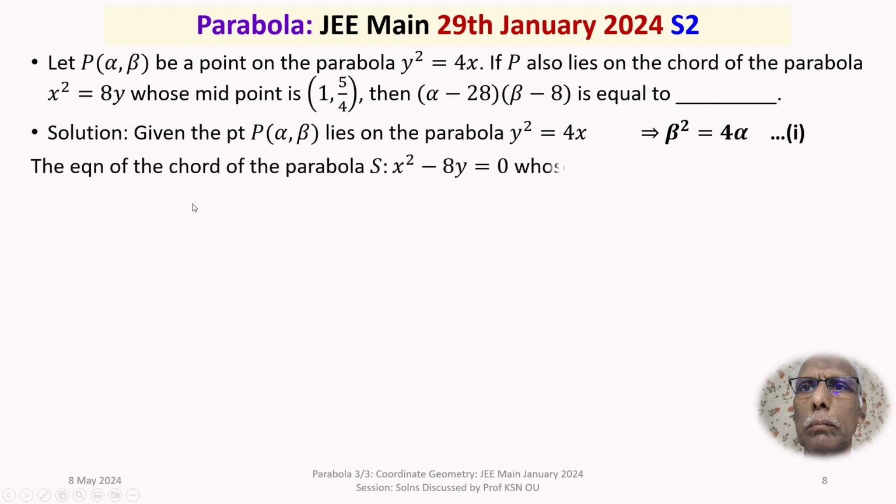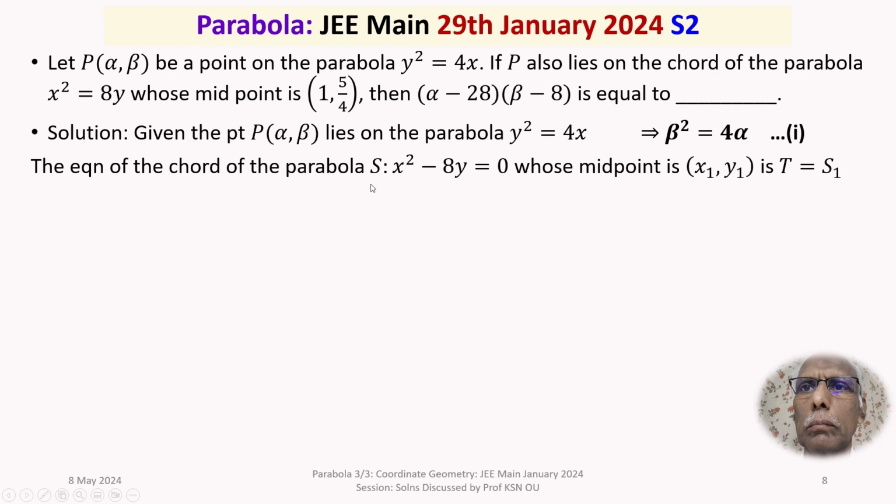Now the equation of the chord of the second parabola x square is equal to 8y. Let's call that equation S: x square minus 8y is equal to 0, whose midpoint, let's say, is (x1, y1). And we know the equation of a chord of a parabola whose midpoint is (x1, y1) is given by T is equal to S1. T is the tangent.